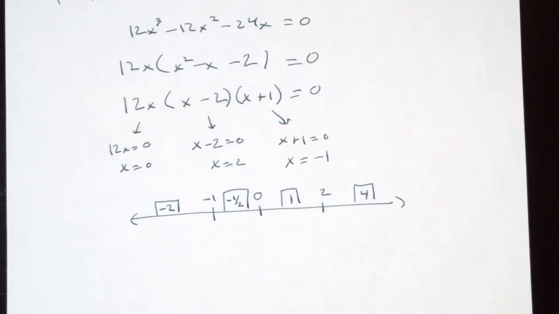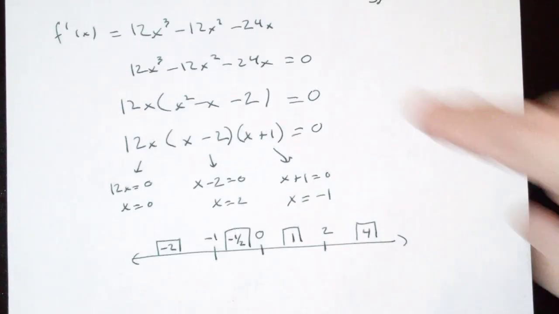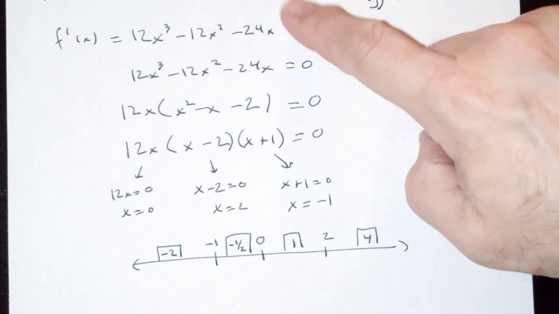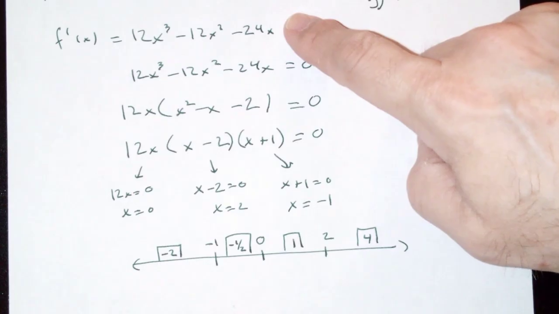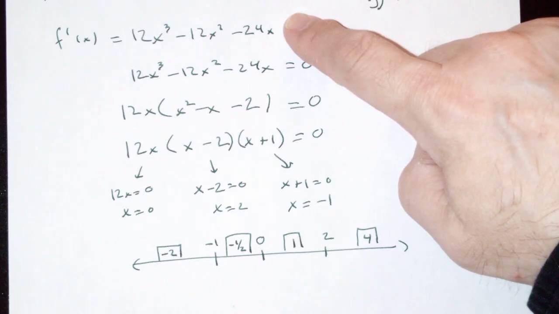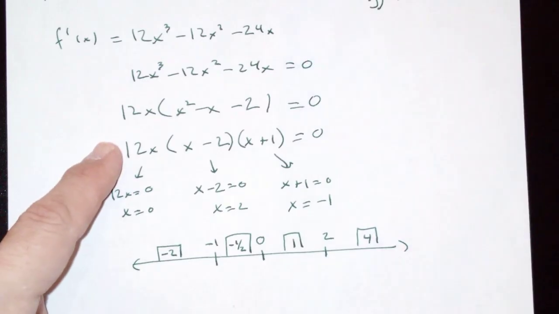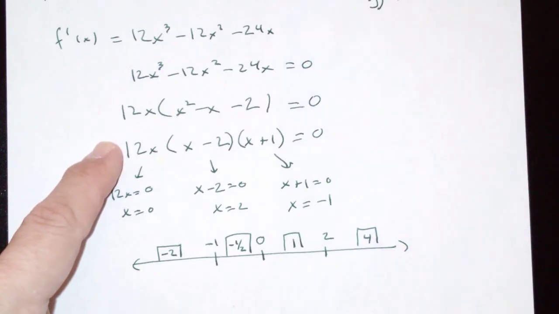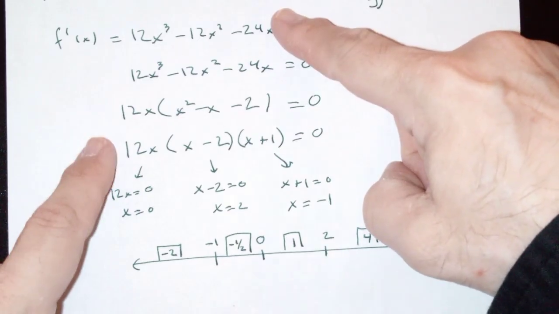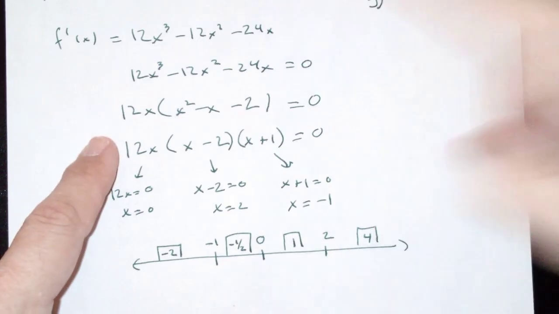Now here's the problem part. I need to plug that into f prime. But f prime is ugly. But I took f prime apart. I factored it. So what if instead of plugging into this version of f prime, I plug into this version of f prime?